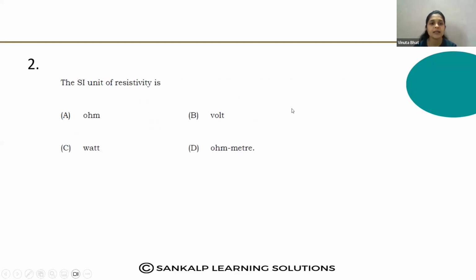Next question. The SI unit of resistivity is option A, ohm. Option B, volt. Option C, watt. Option D, ohm meter. Here, ohm is the SI unit of resistance. Volt is the SI unit of potential difference.